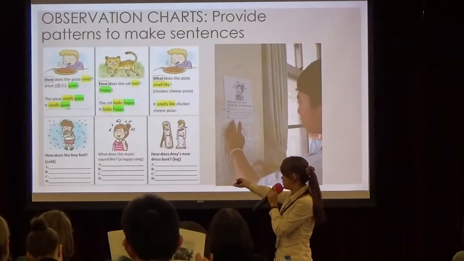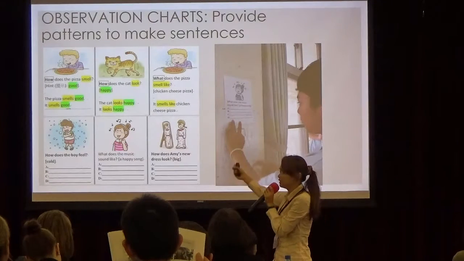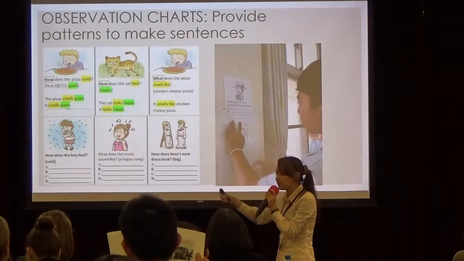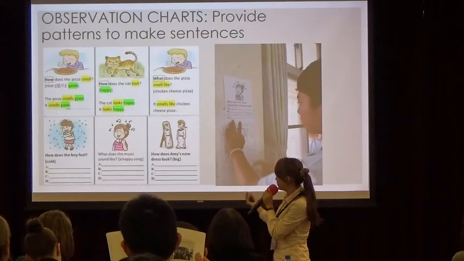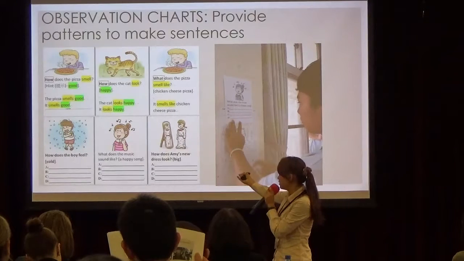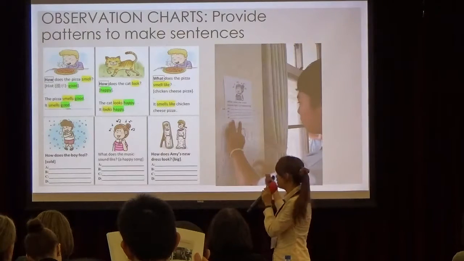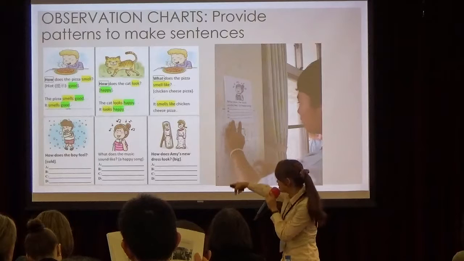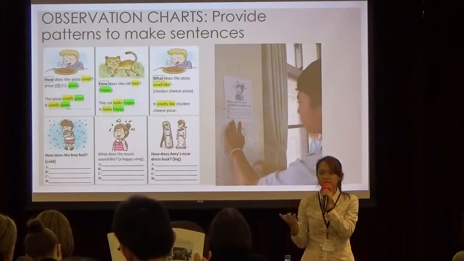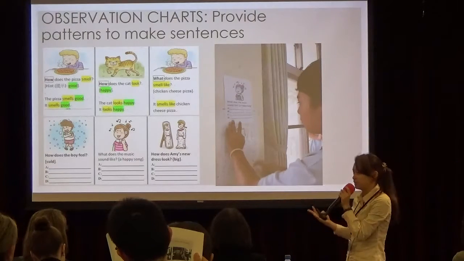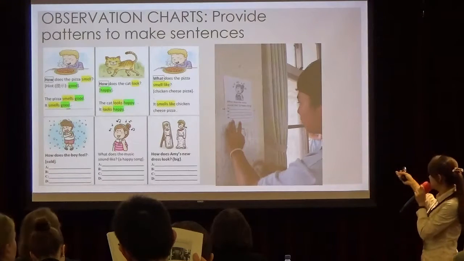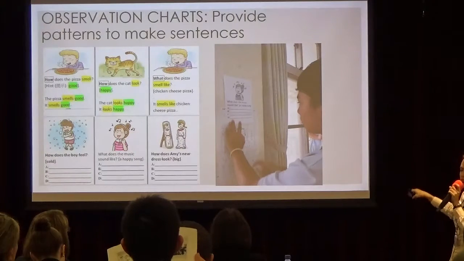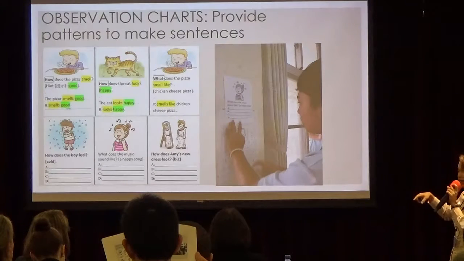They have to observe the picture and write down the pattern we teach, and we will have some hints. For example, the boy looks cold, and the ABC group here means four different groups in the class.